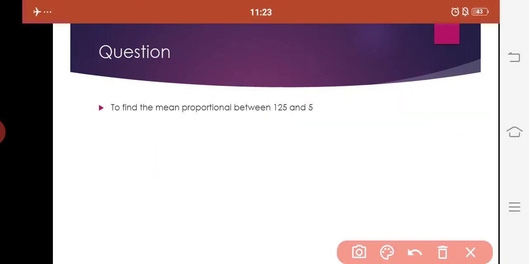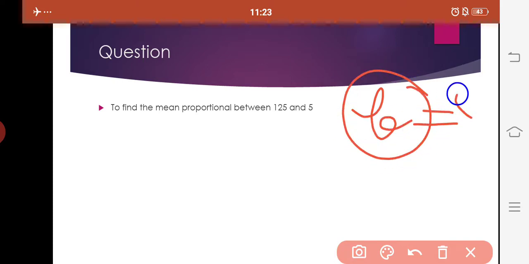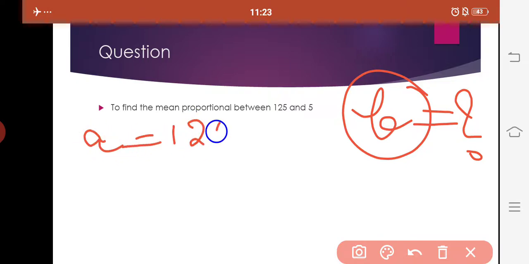Now let us take one question related to finding the mean proportion. We need to find the mean proportion between 125 and 5. We don't know the value of B, and this is what we are asked to calculate. Let A equal 125 and C equal 5.